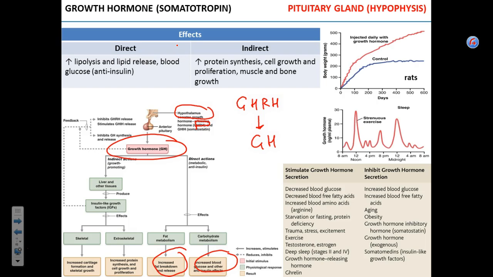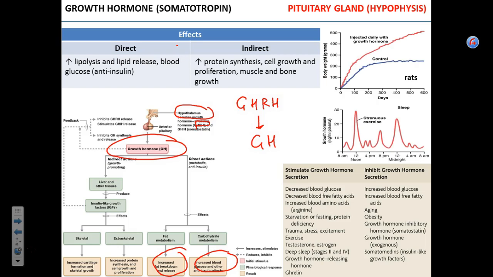Now, when we say fat breakdown, fat triglycerides can't be metabolized by themselves. They have to be broken down into glycerol and free fatty acids. But what is the main role of fat in the human body? Energy storage. Again, it comes down to energy.